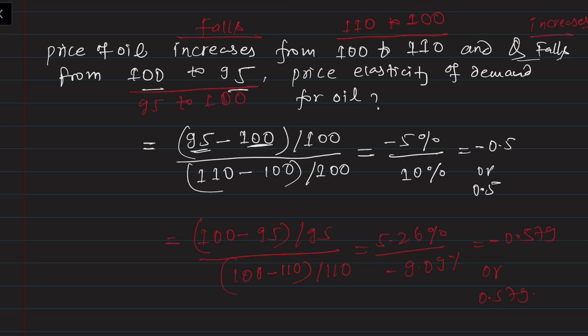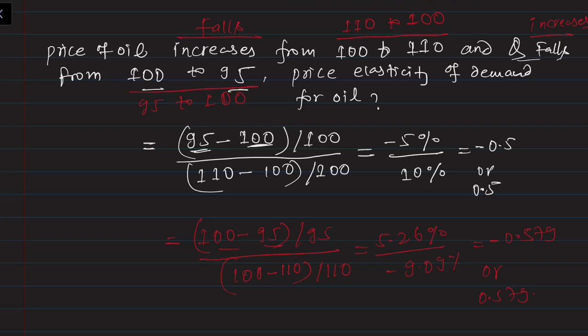So here you can see that there is some difference in our answer. Although it is a very minor difference, when the quantities are larger, the difference becomes very significant.